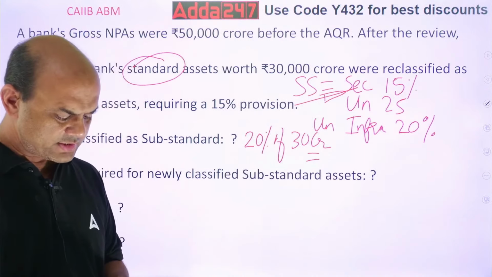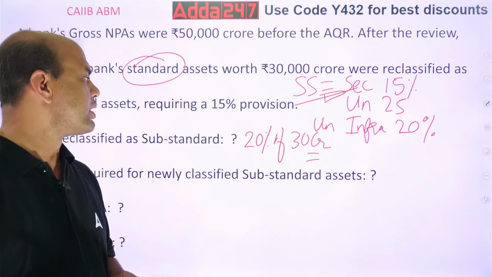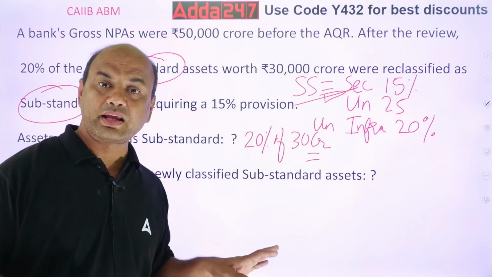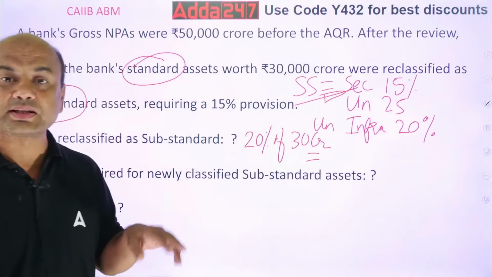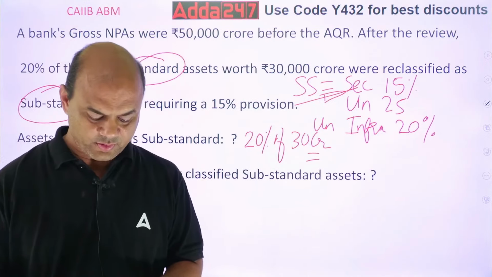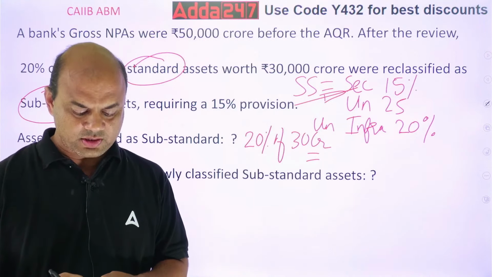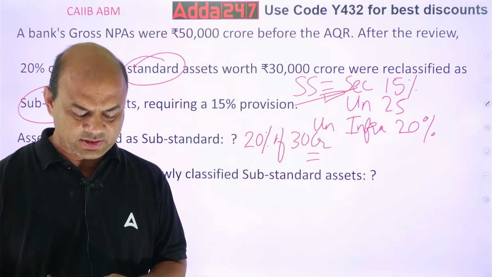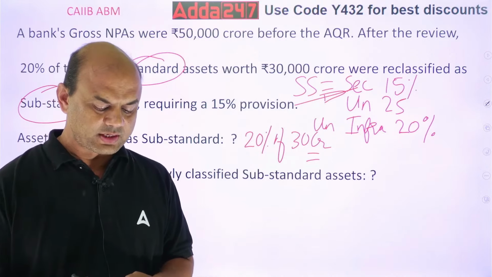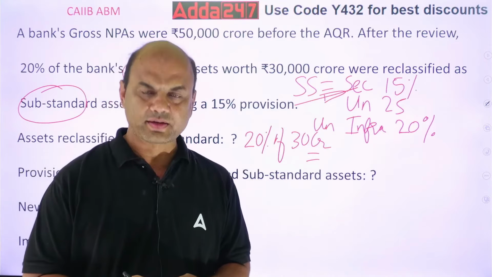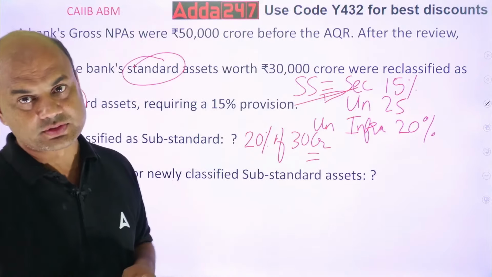So 1 crore is 7 zeros. So 30 crores is 30 plus 7 zeros, so 3 plus 8 zeros. 1, 2, 3, 4, 5, 6, 7, 8.